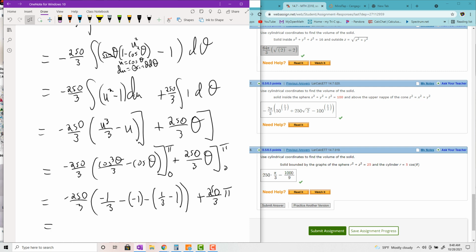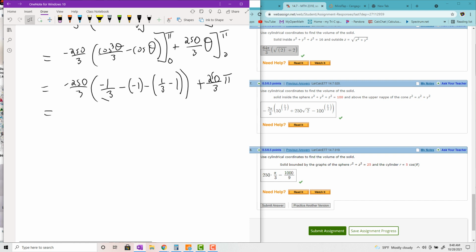And then, simplifying a little bit, this junk will become 2 minus 2/3, right? So that'll equal 1/3. And so you get 2 minus 2/3 is 6/3, sorry. 2 minus, this will be 6/3, so that'll be 4/3 rather.